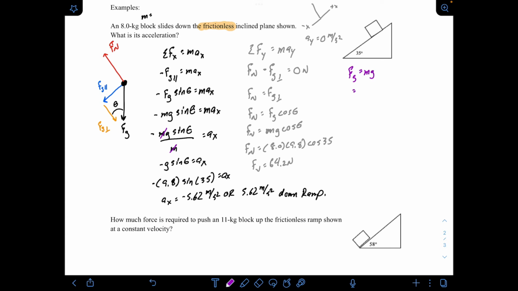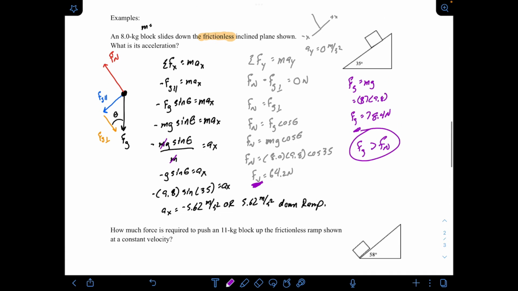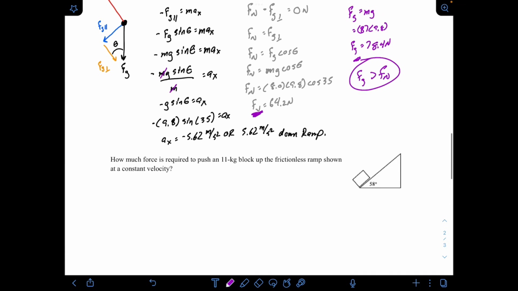And so when I plug that in, I get 8 times 9.8, about 78.4 newtons. And when I compare the Fn and Fg, the Fg is still greater than Fn, and so that is going to be important to us, right? That the normal force is now just a component of its weight. It's not the whole thing, and that'll be important for us.